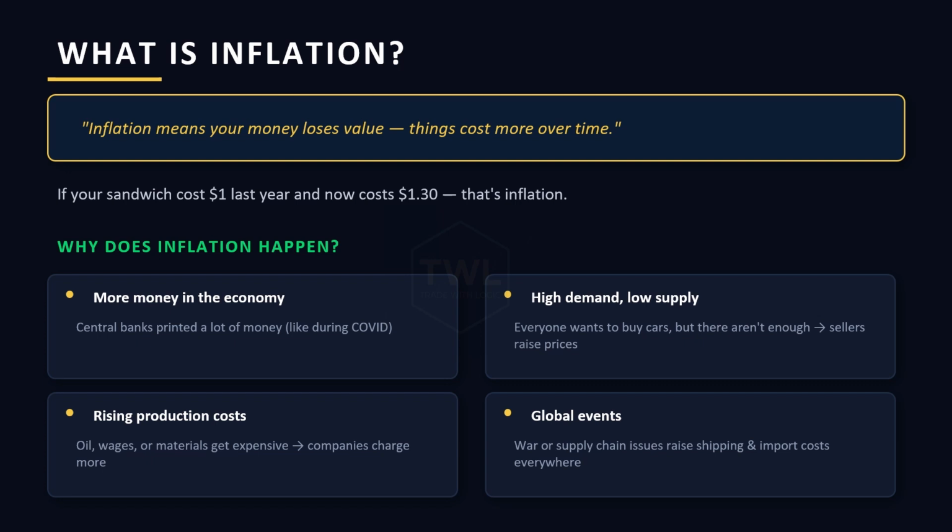Third, rising production costs. If oil, wages, or raw materials get more expensive, companies pass that cost on to you, the customer. And fourth, global events. A war or supply chain problems can make shipping and importing goods more expensive, and that pushes prices up almost everywhere at once. Once you understand inflation, half of what central banks do will suddenly make a lot more sense.